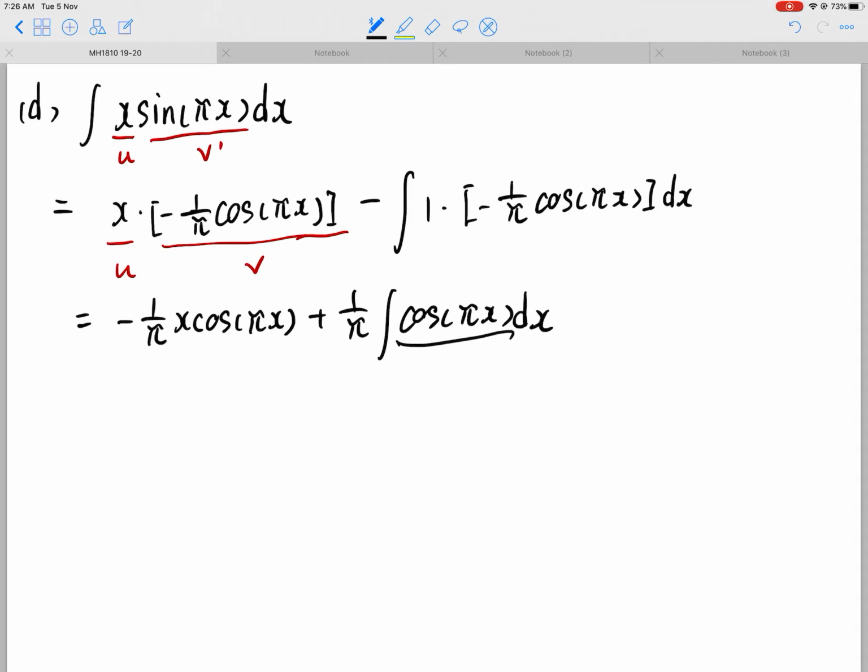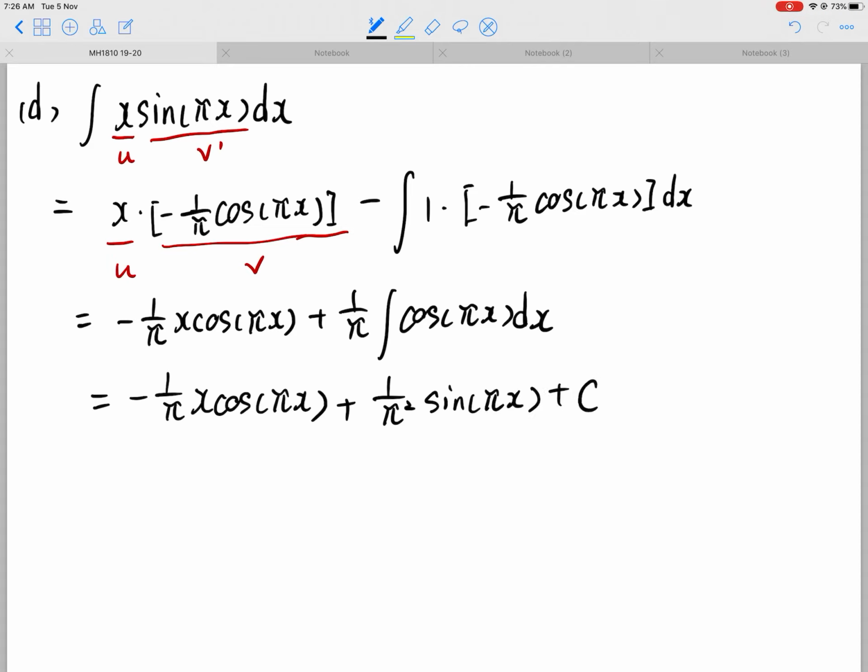For this part it's easy to integrate. It should be sine pi x divided by pi, right? And don't forget to plus c.